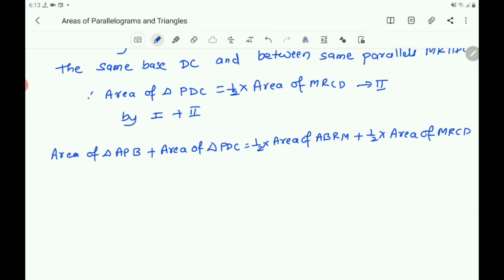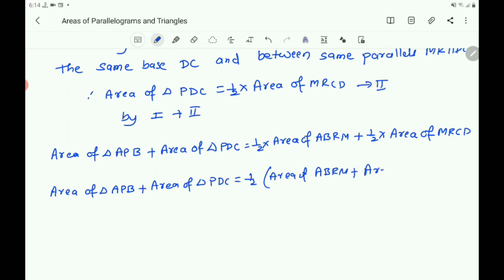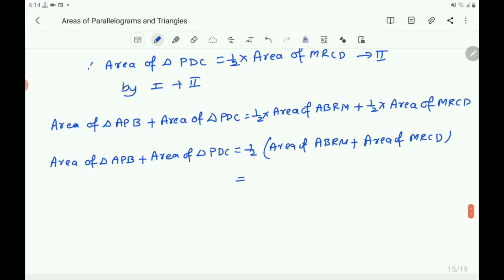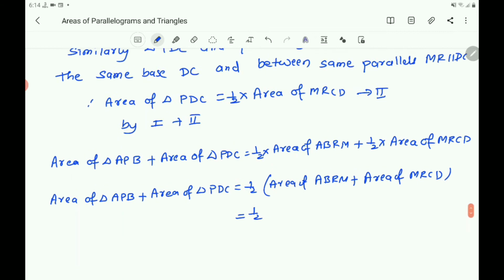Then area of triangle APB plus area of triangle PDC equals half into the sum of area of ABRM plus area of MRCD. Here half is taken as common, so in the bracket you will get the sum of the two.